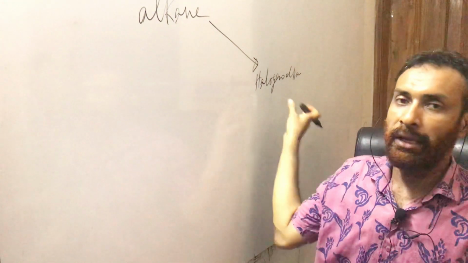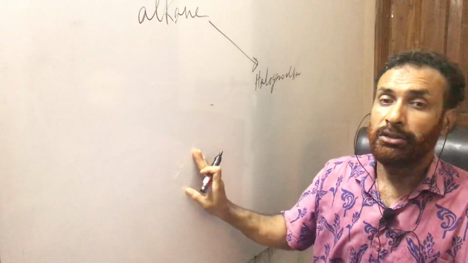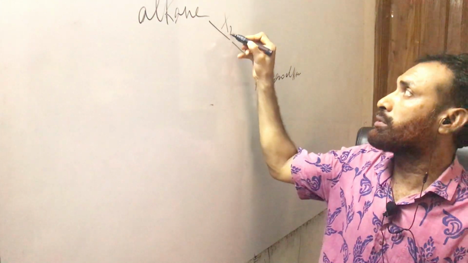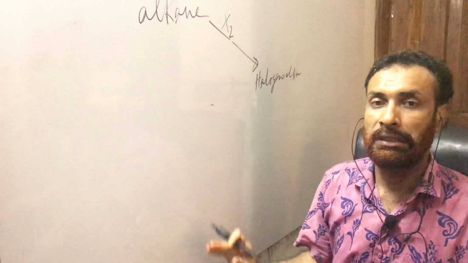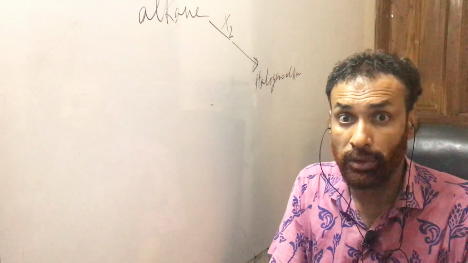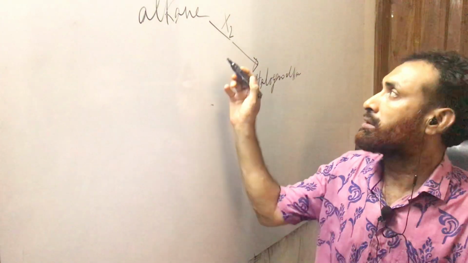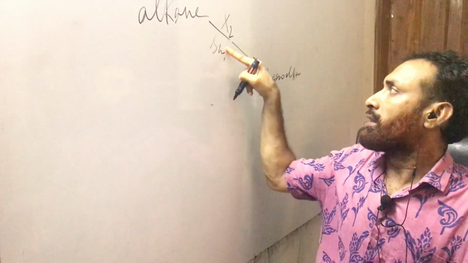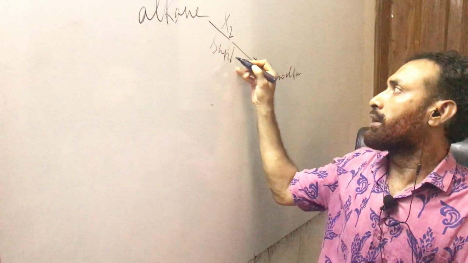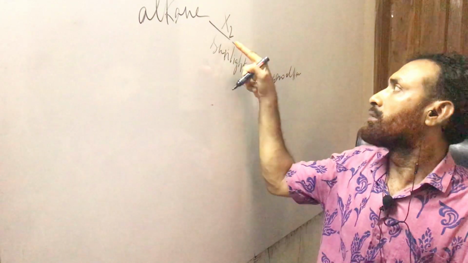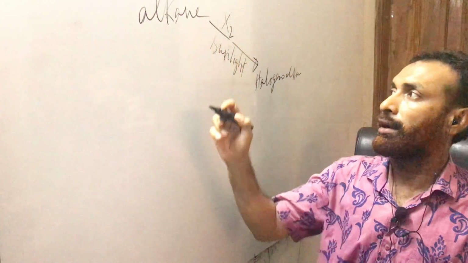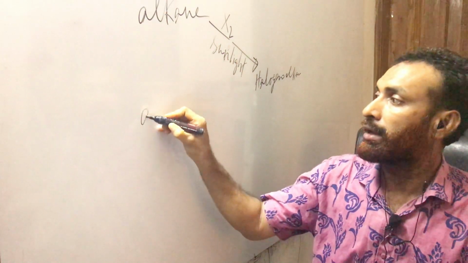Simply with halogen, chlorine or bromine, I write here X2. X2 means the halogen, and here the condition is important. This should be sunlight, UV light or sunlight. So alkane gives halogenoalkene.